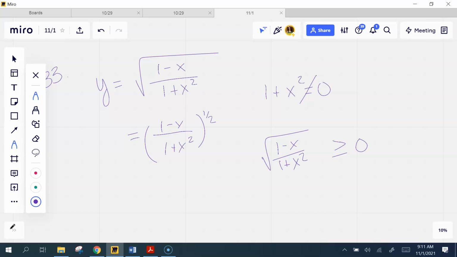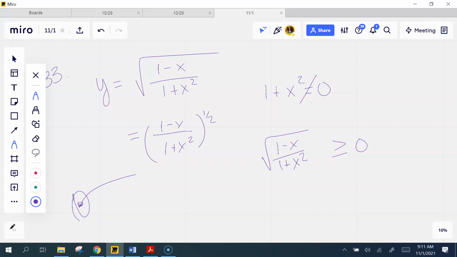This is a no calculator problem. What I would say on square roots and things like this is look for places, keep your radical positive, keep your denominator not equal to 0. And when I'm talking about square roots, this starting point is not going to be differentiable because it doesn't have a left side derivative.